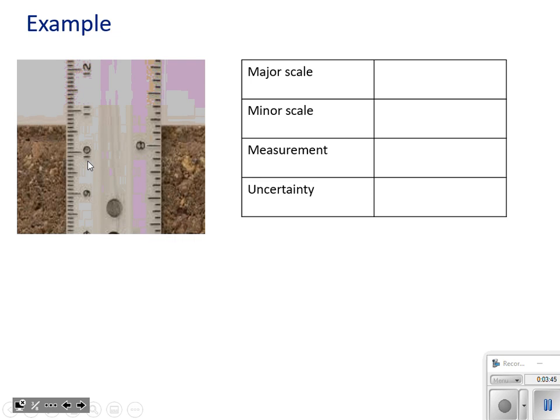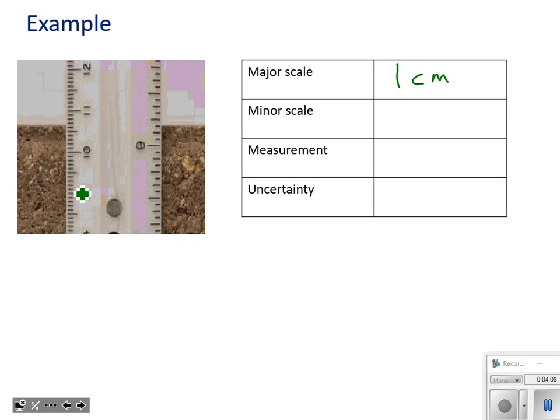Now, first of all, I look at my markings. I see here is a 9, here is a 10, here is 11, here is a 12, and I know that my ruler is in centimeters. So my major scale here, ladies and gentlemen, is 1 centimeter.